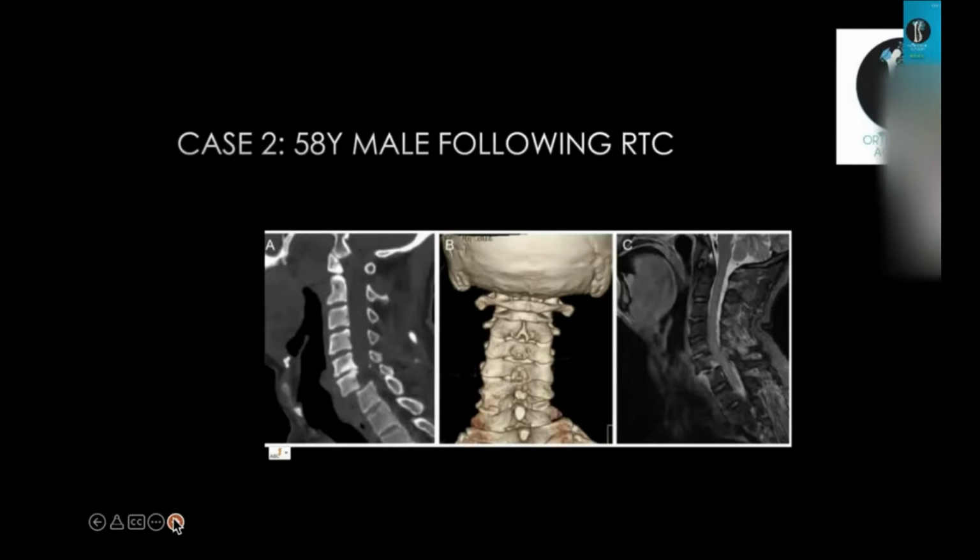Okay, so I'll divide my management in the theatre. First is the patient positioning, because this is a bilateral facet dislocation. So I will be very careful with the patient positioning.